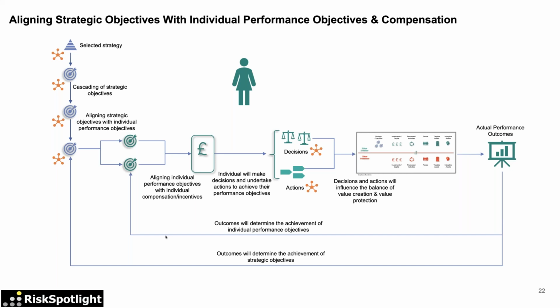And if they get that balance right, then there will be the actual performance of that business unit. Then you want to check whether that actual performance is aligned with the objectives of that senior executive, and aligned with what the organization is trying to do from a strategy perspective.